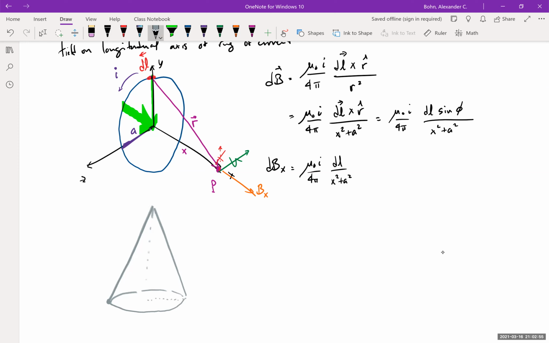So if we call this theta, the angle between the x-axis and the red component that I crossed out is 90 minus theta. But pink and green are perpendicular, so the angle between red and green is also theta.